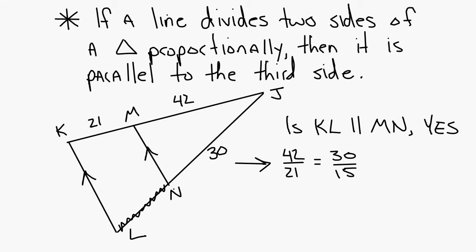Agreed? So again, you would just write a proportion and solve for NL. Does that make sense? So those are the three ways you may see questions related to that rule. You're either going to be asked if the lines are parallel, or you're going to be asked to find a segment length so that the segments are parallel.